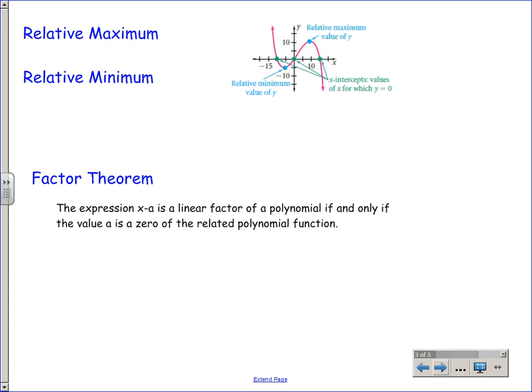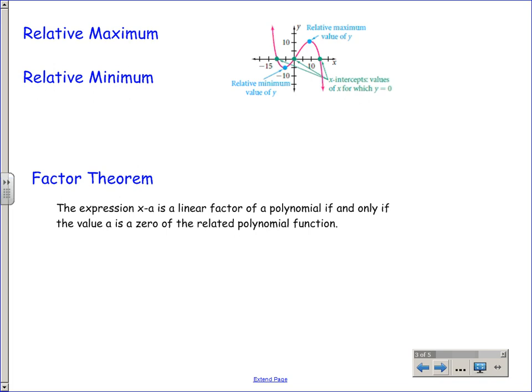So to find the relative max and min, we can do it the same way we find the x-intercepts. You can simply use the trace feature on the Inspire, or you can use analyze graph. Either of those will work to find those places.